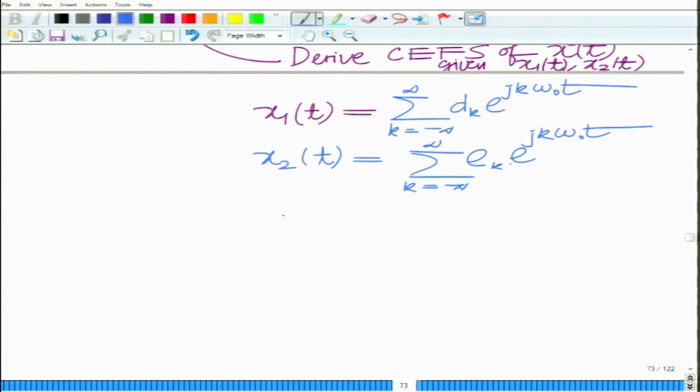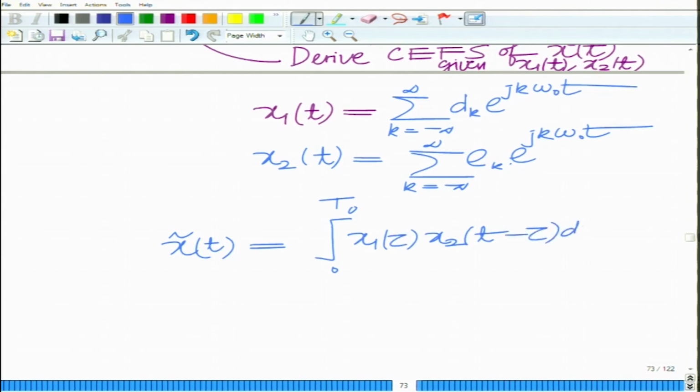Now remember x tilde t is simply the periodic convolution, which is the integral over one period 0 to t naught of x1 tau x2 t minus tau d tau.